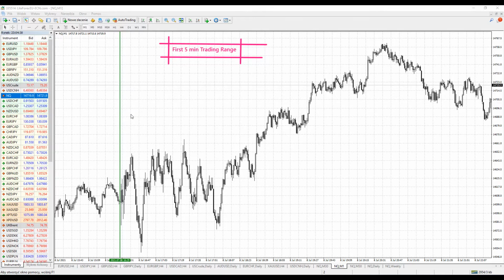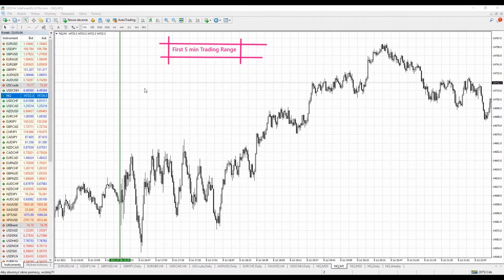I've seen the 30-minute trading range or setups for the US stocks, and I've been trying to go as low as I can from an intraday trading perspective.